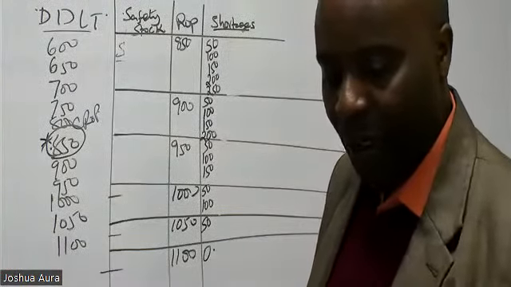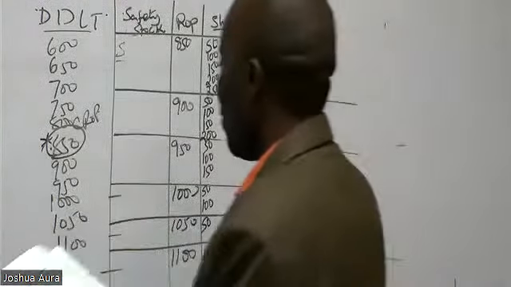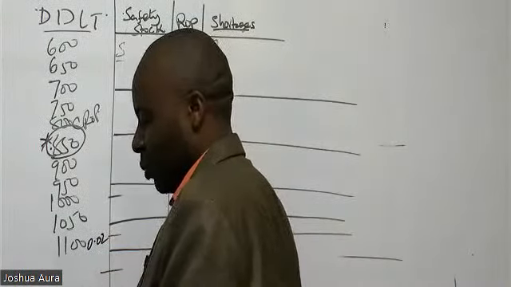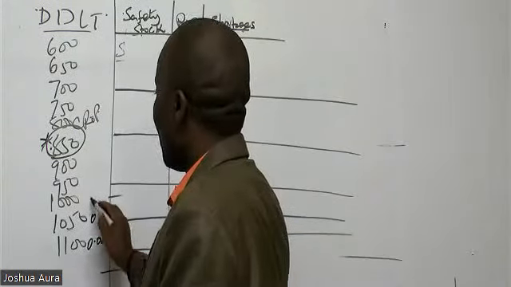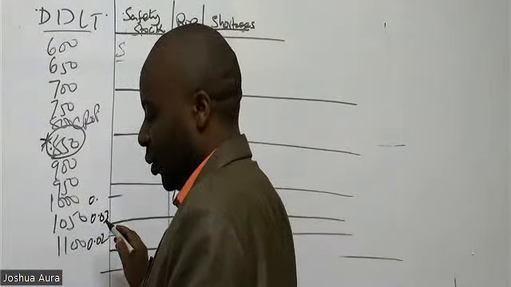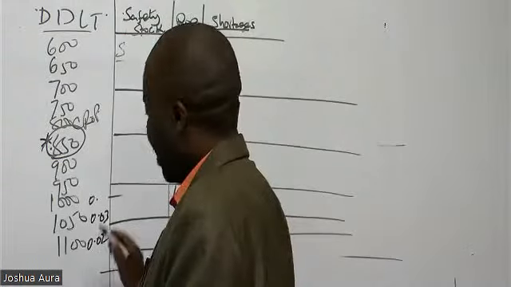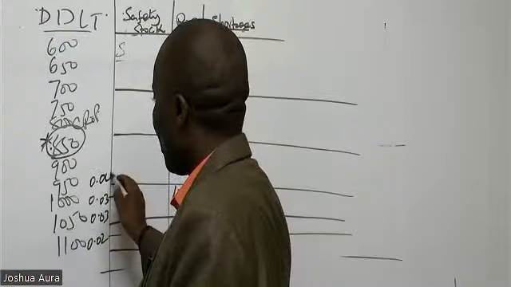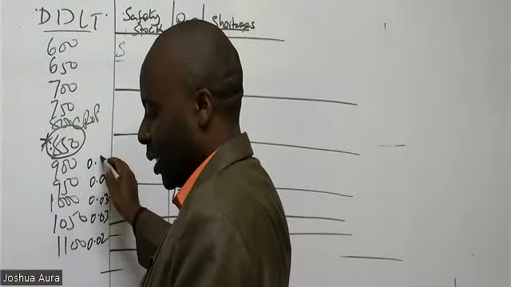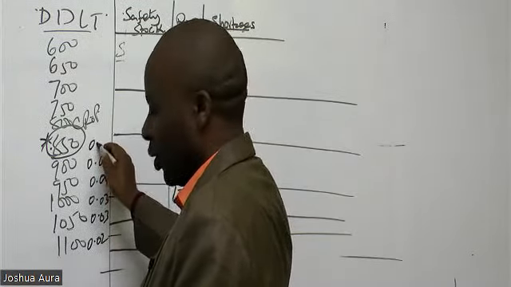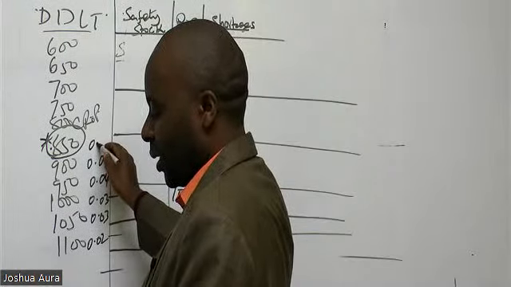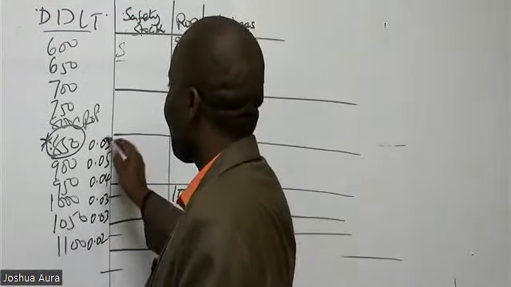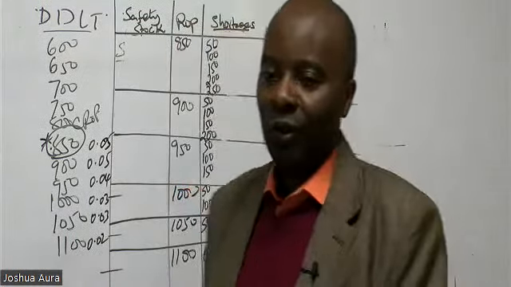I can see 0.02, 0.02, 0.03, 0.03 again, 0.04, then 0.05, then 0.05 again. You don't have to write all of them.